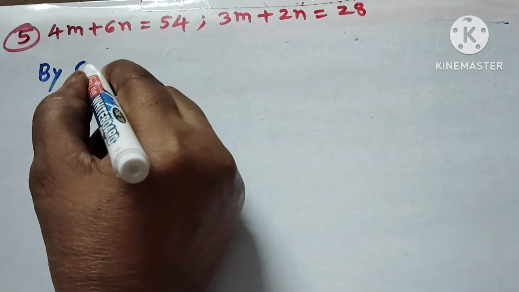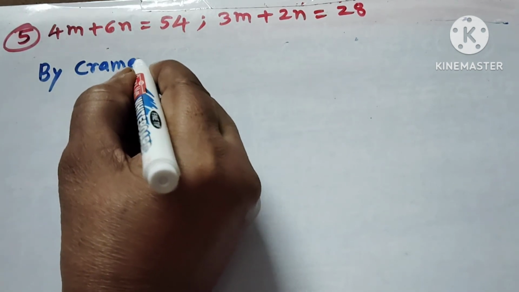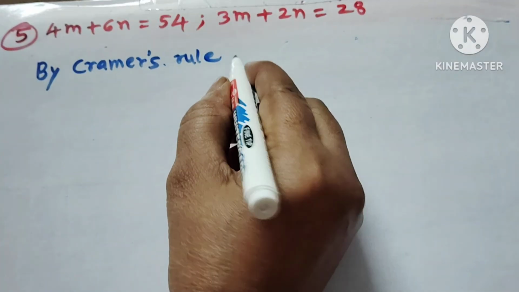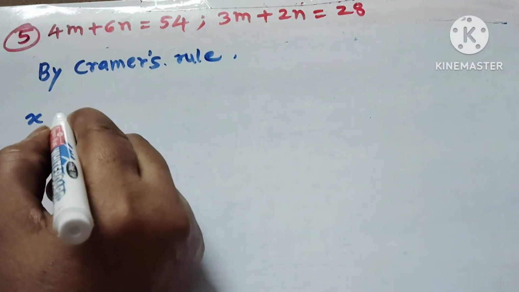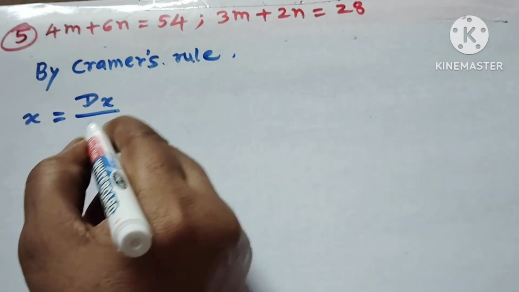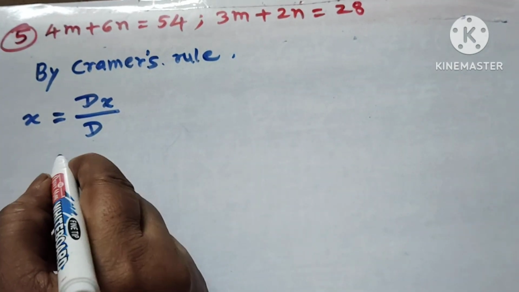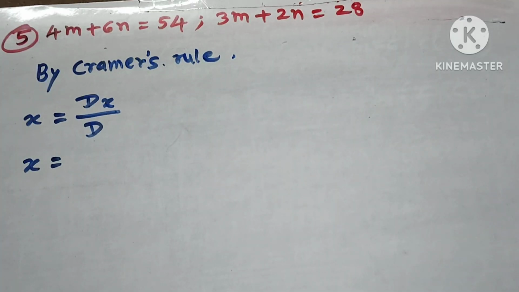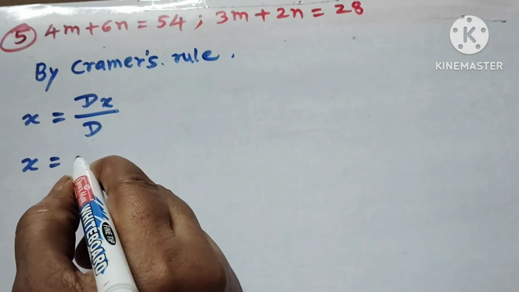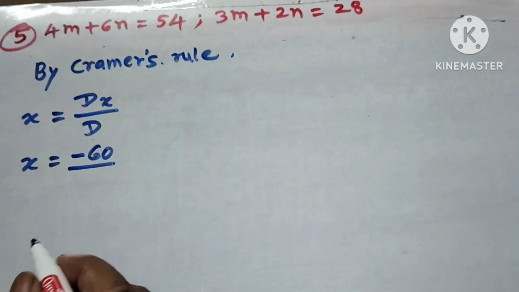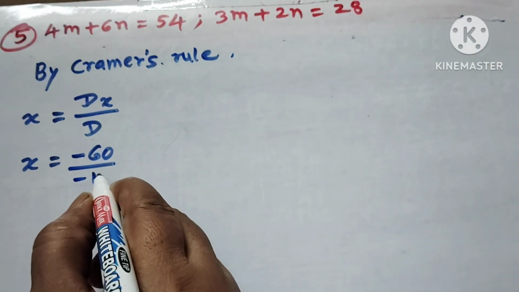By Cramer's rule, x is equal to dx upon d is equal to, value of dx minus 60 upon value of d minus 10.